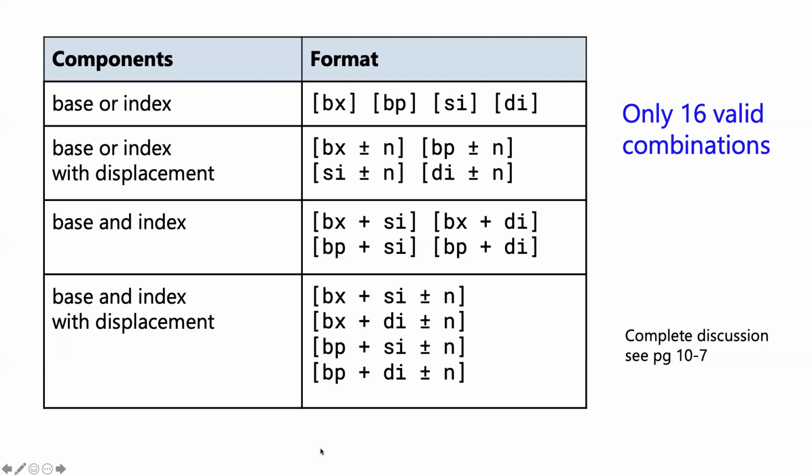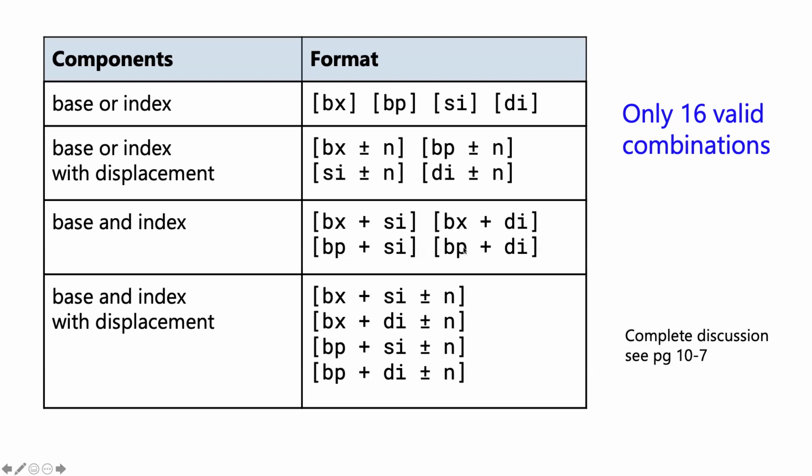This addressing mode, base and index with displacement, can also add in the value of not just any register, but either DI or SI, these 2 index registers. And again, if it's base pointer, that's going to index into the stack segment. If it's BX, it's going to index into the data segment. So you can add in either of the index registers and a positive or negative constant offset. That's called base index with displacement.